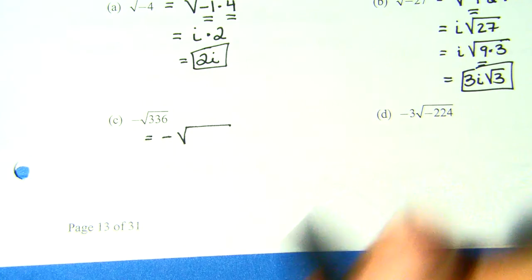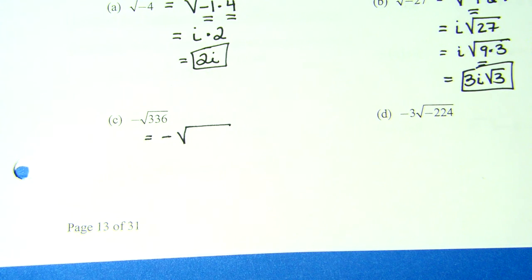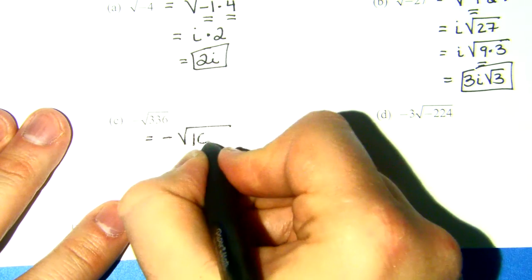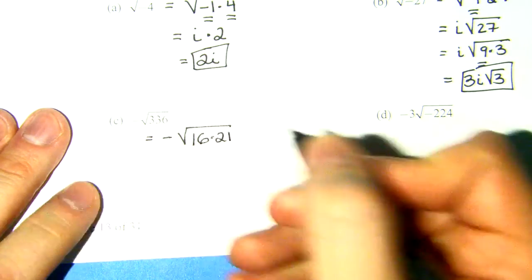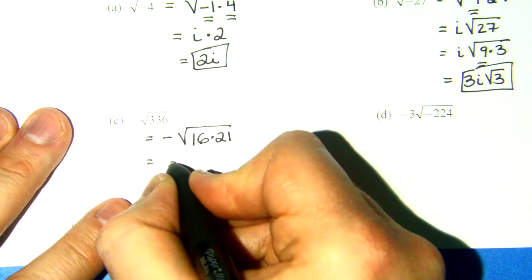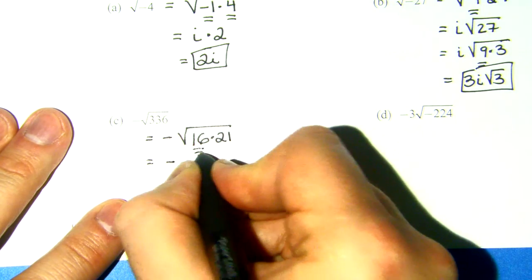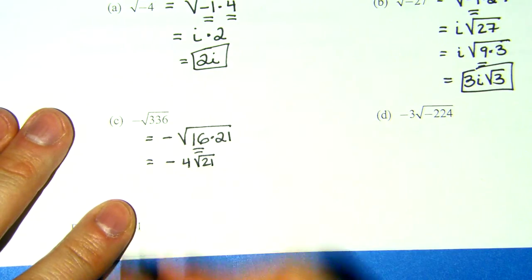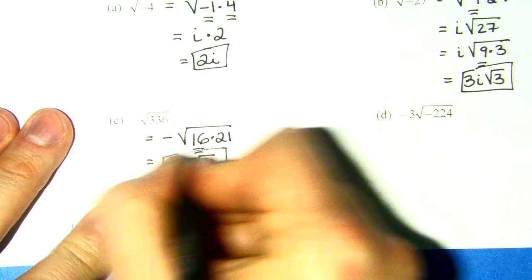So see if you can break down 336 and simplify that one, and our answer is just going to be a negative answer. 336, I'm going to say 16 times 21. You could have also said 4 times 84. This will give me negative, the square root of 16 is 4, negative 4 root 21. That's it.